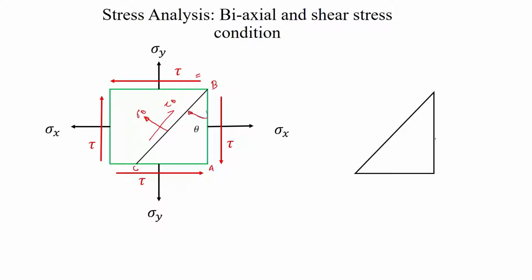So let's draw this element ABC here. This is A, this is B and this is C, and let's consider CA equals to dx and AB equals to dy and BC equals to ds. And one more thing, we are considering unit thickness perpendicular to plane of this screen.